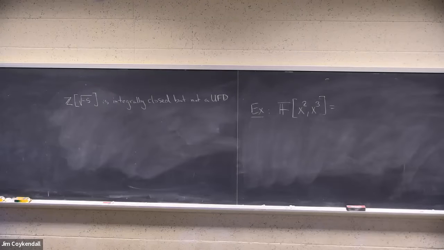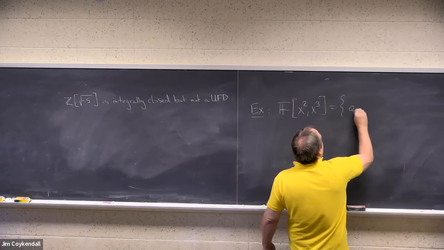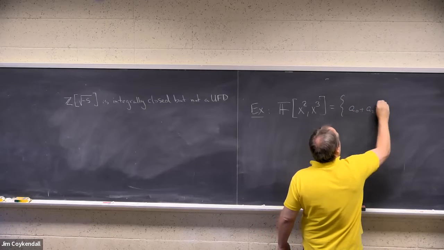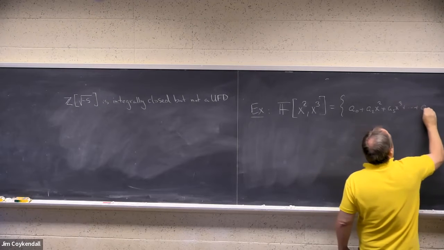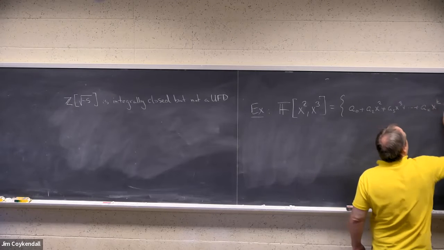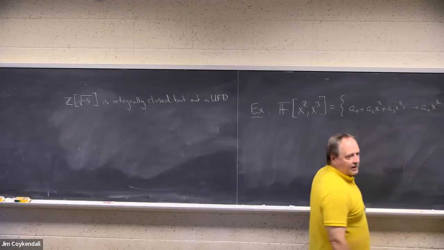So this is all polynomials that have 0 for the linear term, so in a certain sense, the linear term is missing. So a garden variety element of this looks like a_0 plus a_2 x squared plus a_3 x cubed up to a_k x^k, where a_i is in the field. So this is always missing the linear term.